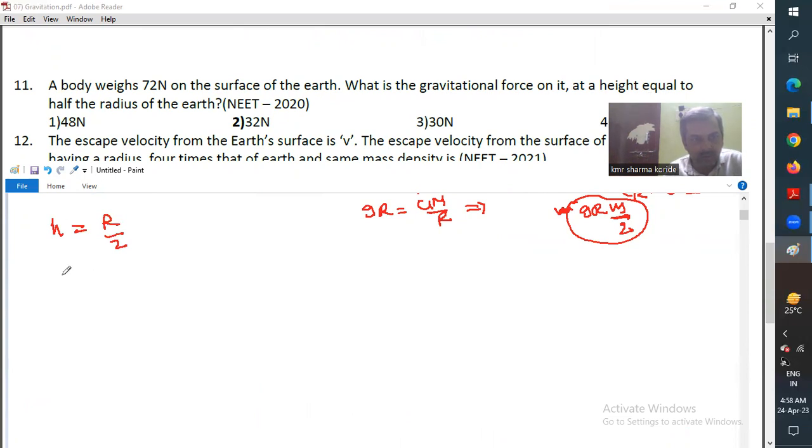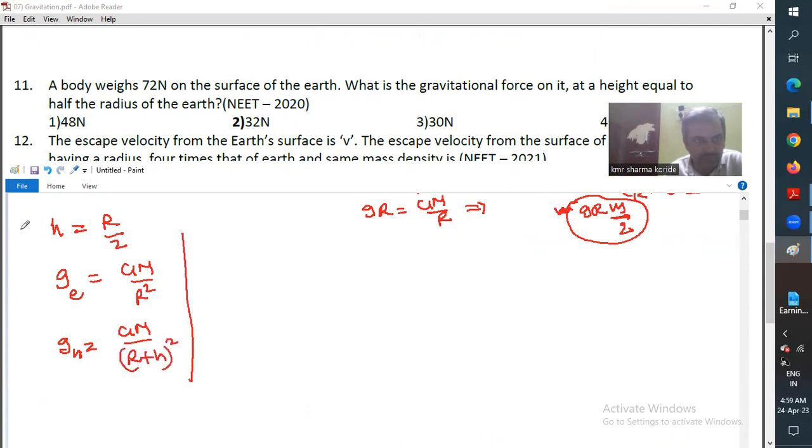Let us write acceleration due to gravity. Gravitational force means what? Now they are asking us to find out weight only. So g on the surface of the earth is once again GM by R square. g at some height, writing the same equation, is GM by (R plus h) whole square.